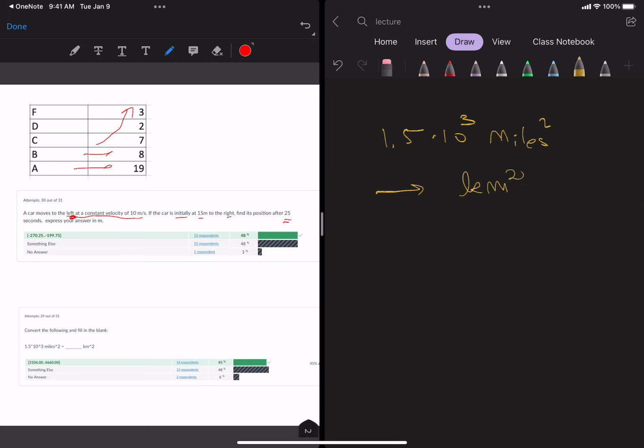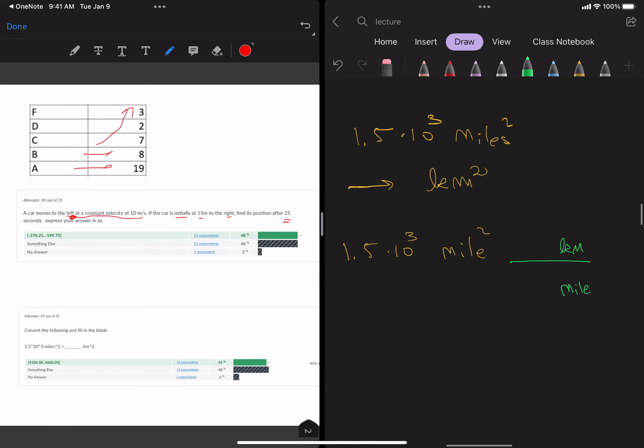So in order to solve for this one, let's see, so we have 1.5 times 10 to the 3 square miles, and we want to convert that to kilometers. So then you would put a bar. You'll put miles on the bottom here, and then kilometers on top.